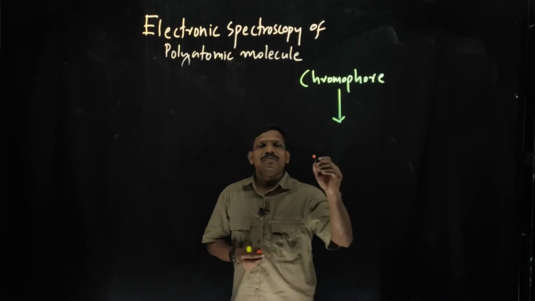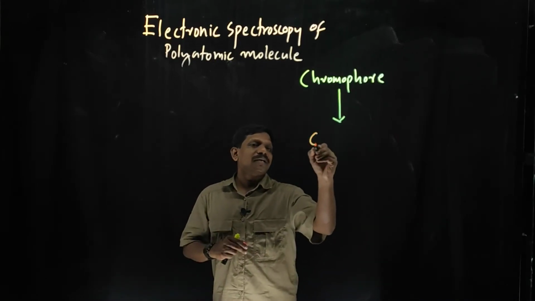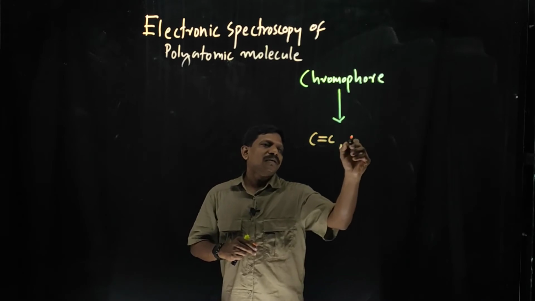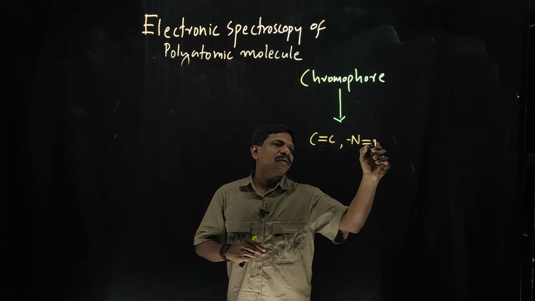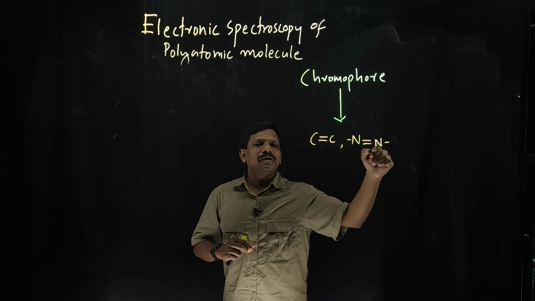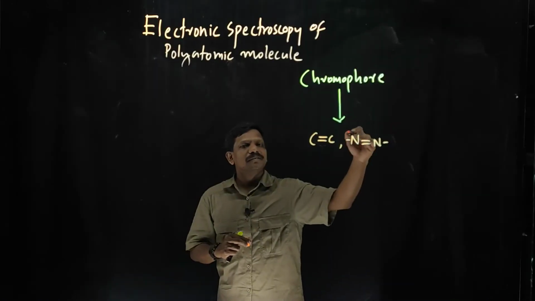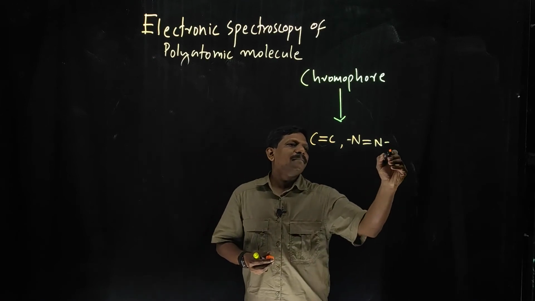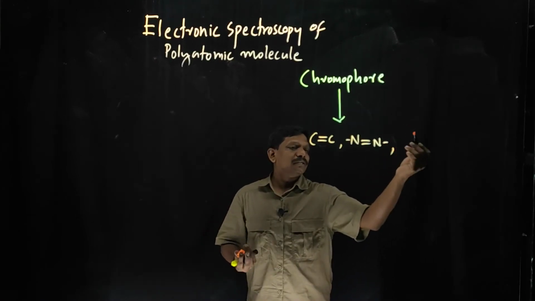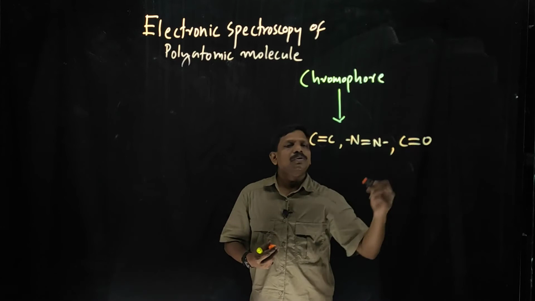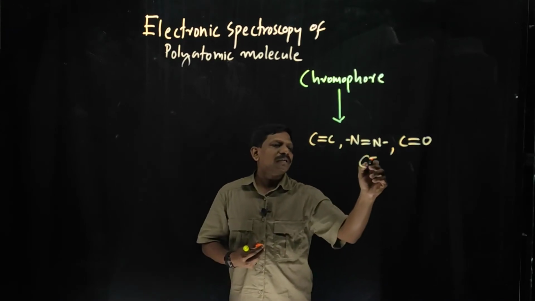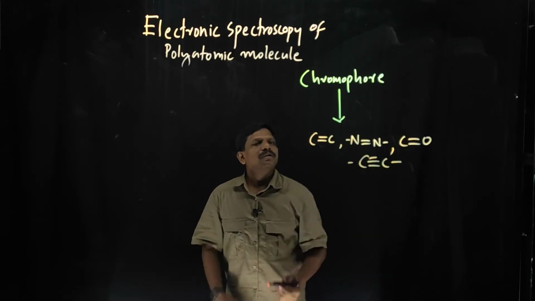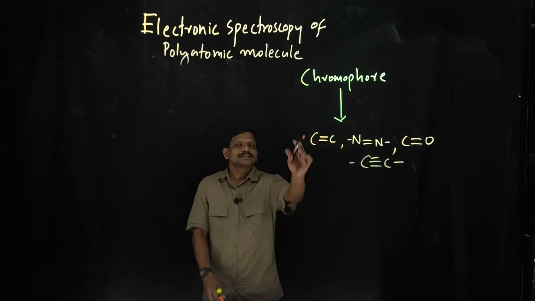So what are these types of groups? Normally the unsaturated groups like C double bond C, N double bond N. You can see in particular different types of dyes with this N double bond N, known as azo dyes. Also C double bond O, C triple bond C. All these types of groups are known as chromophores.